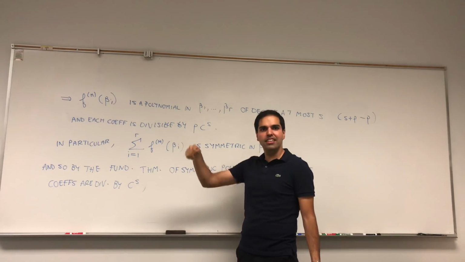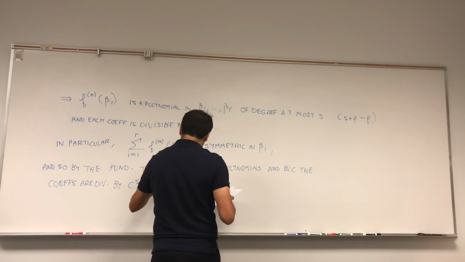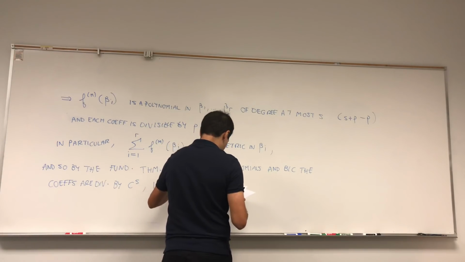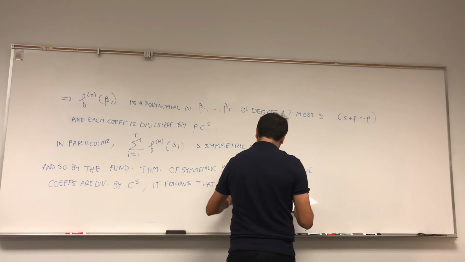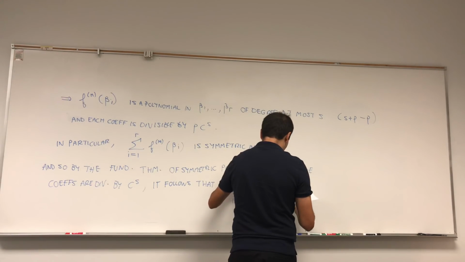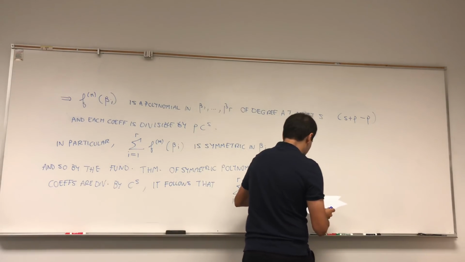Very surprising, even though we had this p minus 1 factorial. That the sum i from 1 to r, f m of beta i, is an integer.